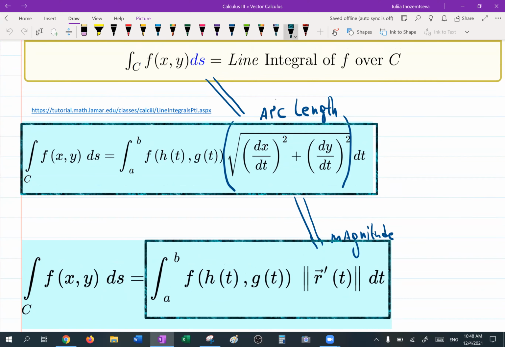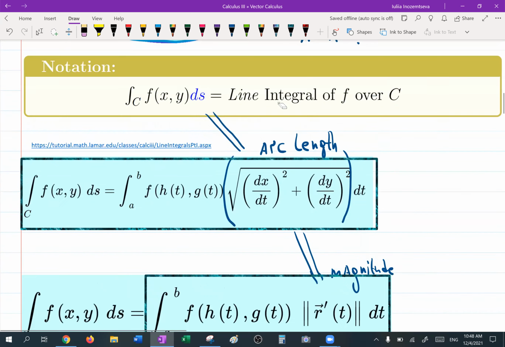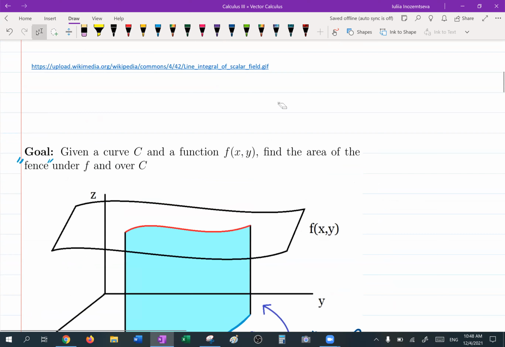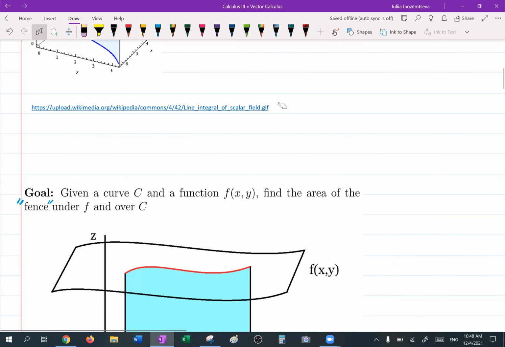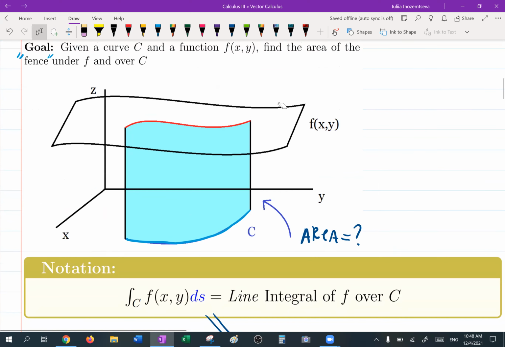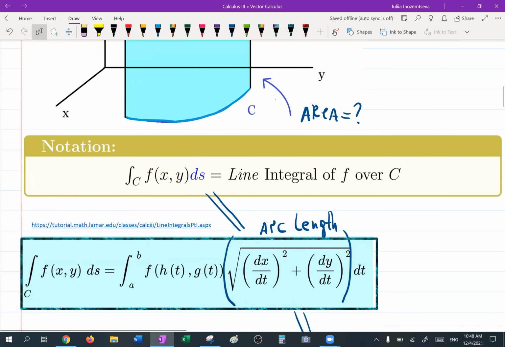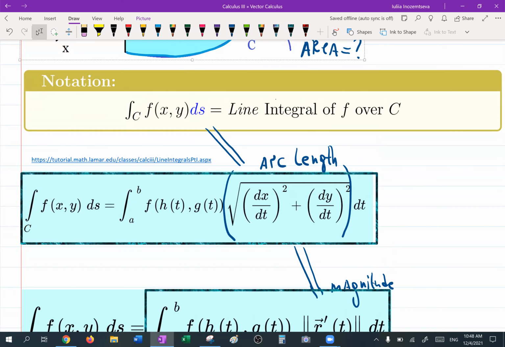When we have an upper dimension, we do line integral over the surface, right? So C over C. Before, C was just a curve. That was easy, well, kind of a lower dimensional thing. Now, in the last chapter, we learned line integrals over the surface.